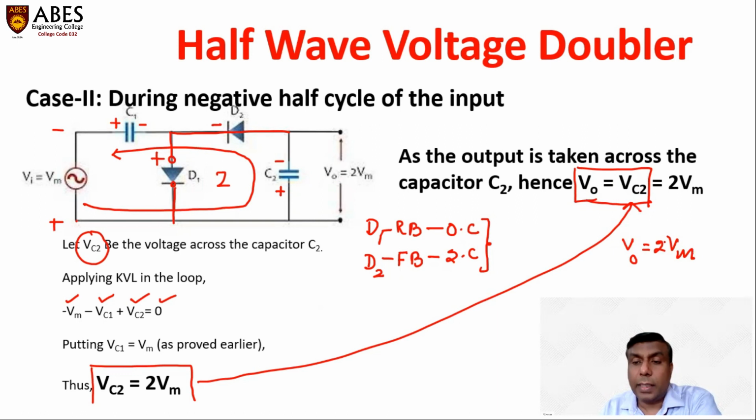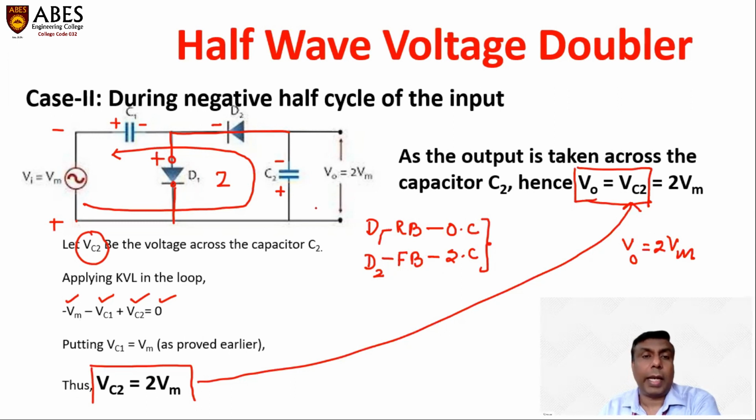It means the output voltage of the half-wave voltage doubler is equal to twice the peak amplitude of the input voltage. Therefore, this circuit behaves like a voltage doubler.